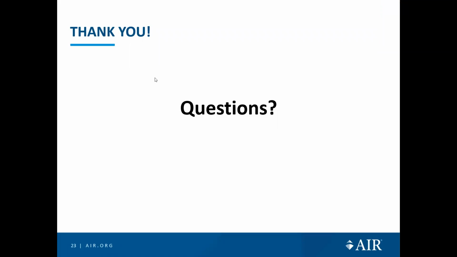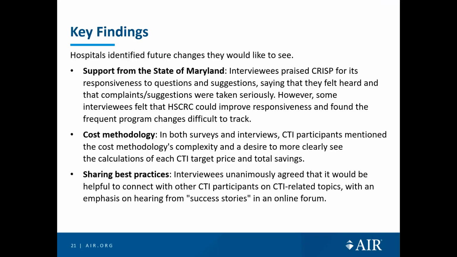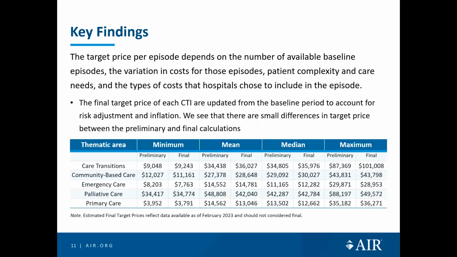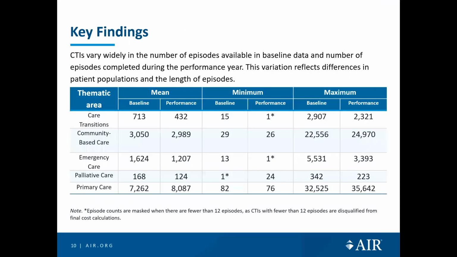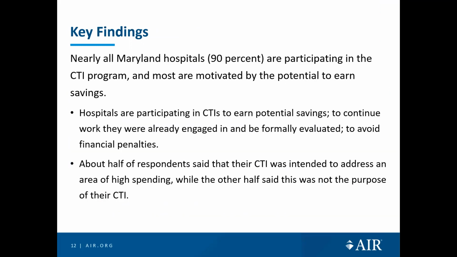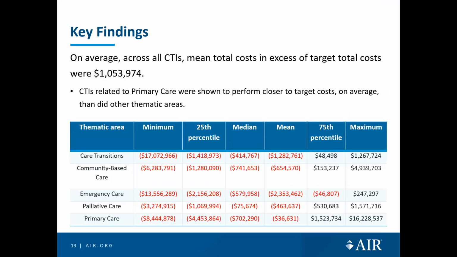So the answer to your first question, that number, the 1 million, is not a per episode number, it's a total. So on average across all CTIs, the total costs exceeded the target total costs by 1 million.